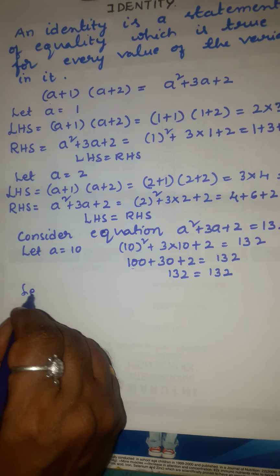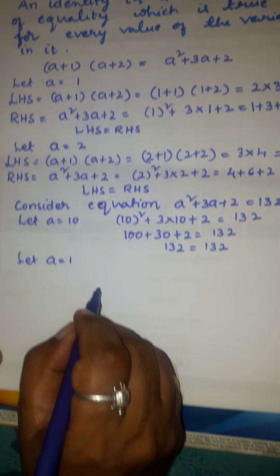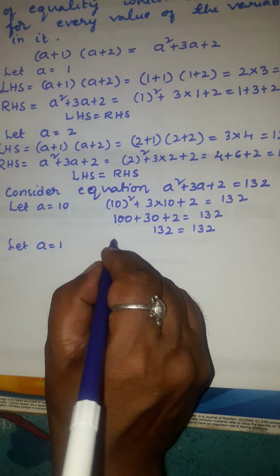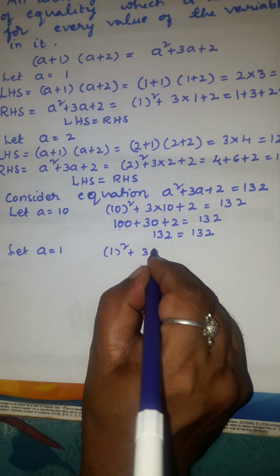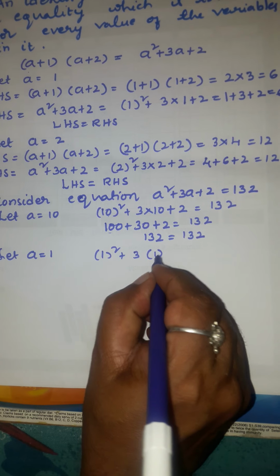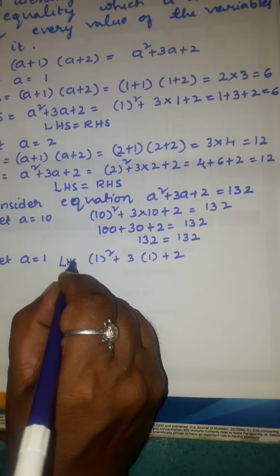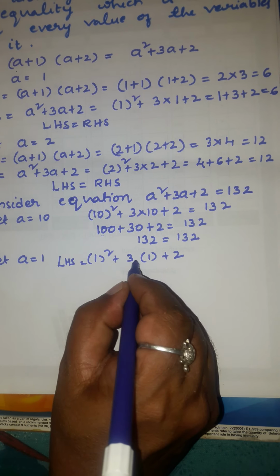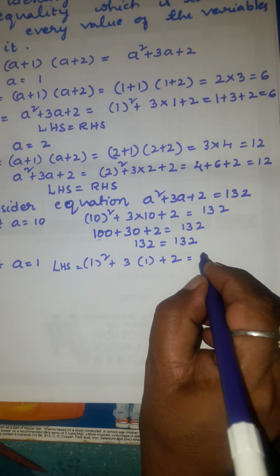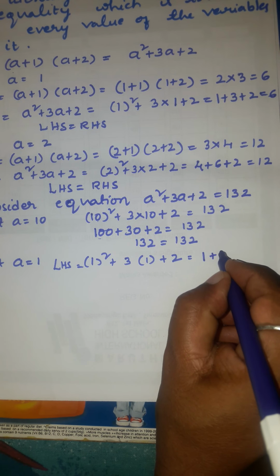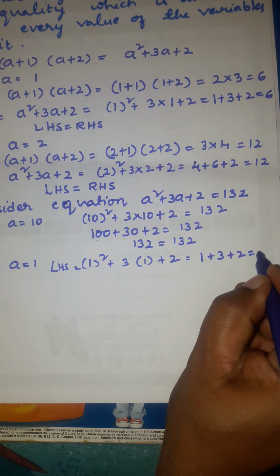Let us put a is equal to 1 and see whether LHS will be equal to RHS or not. So LHS is equal to 1 square plus 3 into 1 plus 2. 1 square means 1 into 1, which is 1. 3 into 1 is 3, plus 2 is 5. 5 plus 1 is 6.